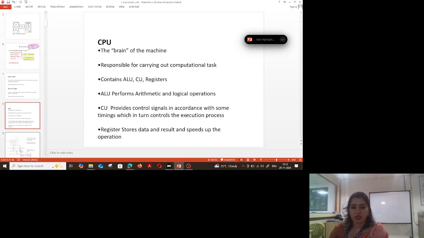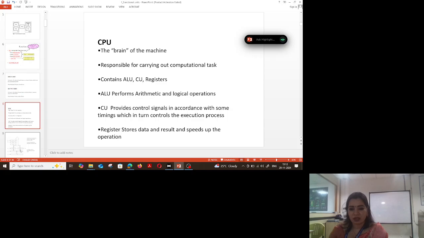The next component is the central processing unit, which acts as the brain of the computer, and it is responsible for carrying out all the computational tasks. Within the CPU we have the ALU, control unit, and registers. The ALU performs all the arithmetic and logical operations. The control unit provides the control signals in accordance with the timings in order to control the execution process of all the other units.